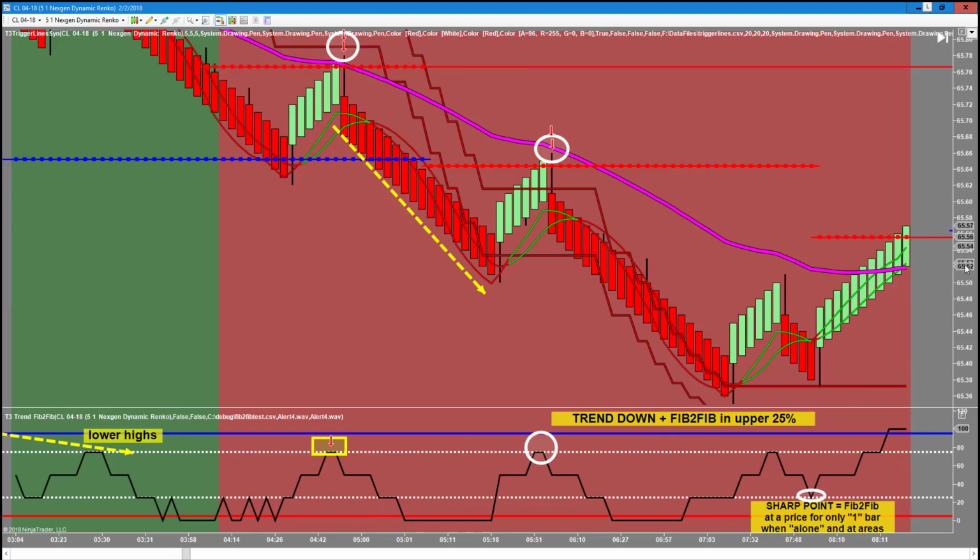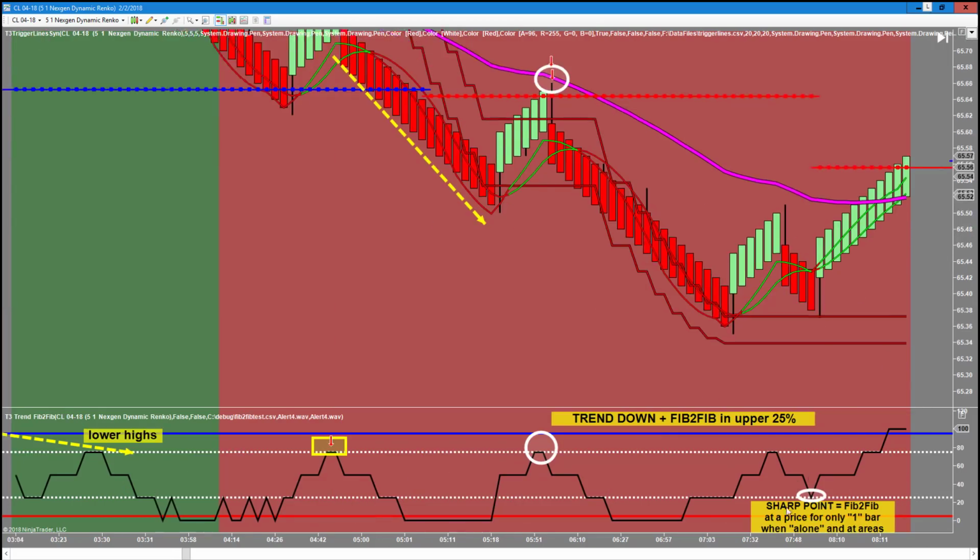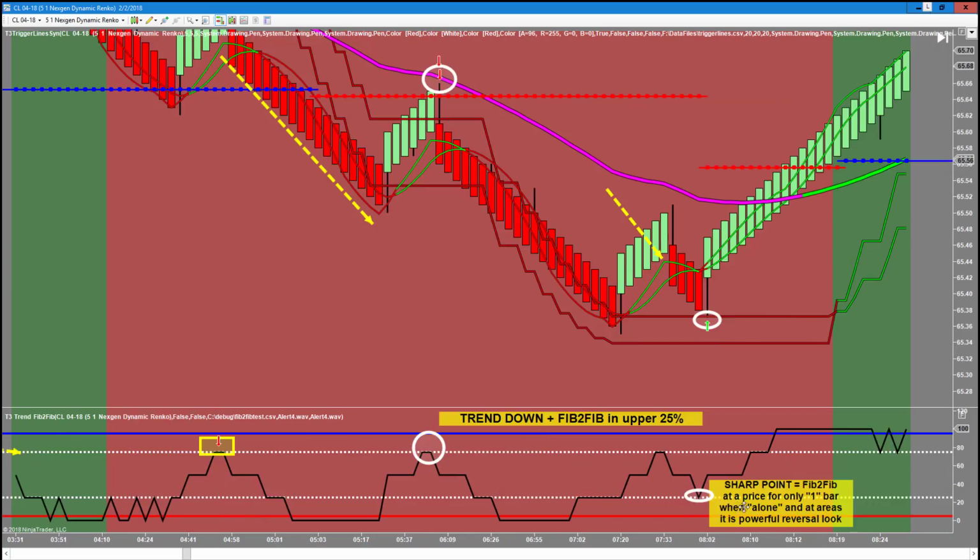And then as you progress forward, you'll start to see the opposite. Once the trigger lines get above our synthetic triggers, if the market fails to get back below the synthetic triggers, if for some reason you were still short, you'll recognize the sharp point on your Fib to Fib oscillator at the 25 buy line this time.